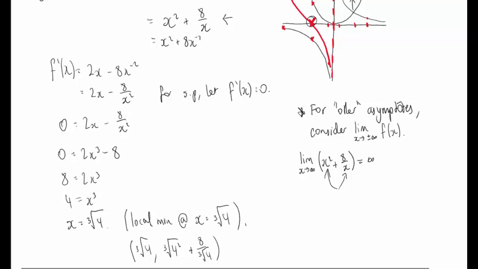But the other term, the 8 on x, well, if you take 8 and divide it by a stupidly large number, it basically becomes nothing. So as x approaches infinity, the 8 on x part approaches 0. And so the function f of x approaches the other part, which is just x squared.